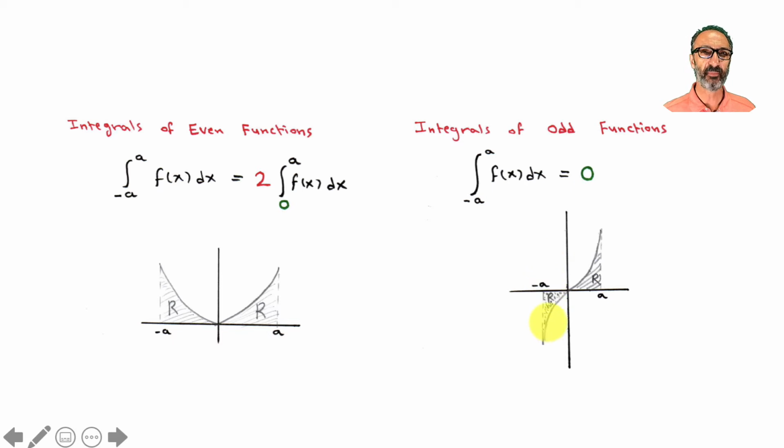So by just applying the math, you're going to get a negative number. What happens with odd functions, if you go from negative a to a, is this is going to be a positive number, this is going to be a negative number. If you add them up, you're going to get 0, as you can see. I'm trying to highlight that by making it a larger font with a different color.